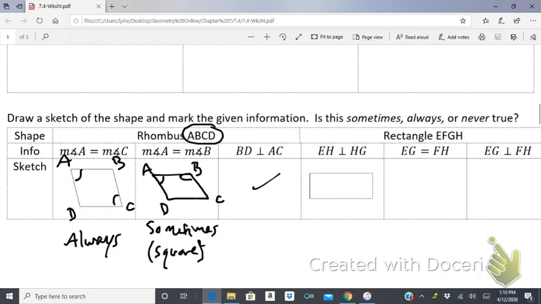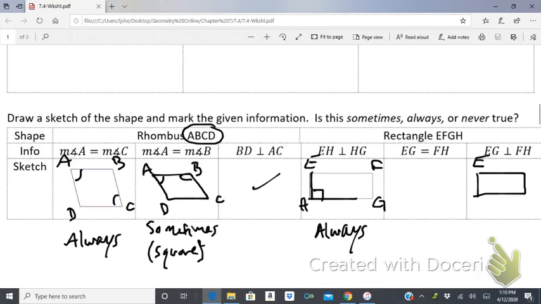We're going to do a couple of rectangle ones. So E, F, G, H. Now it's asking us if EH is perpendicular to HG, which means, is that a 90-degree angle? This is always true. Let's look at another one. Maybe we draw this one.